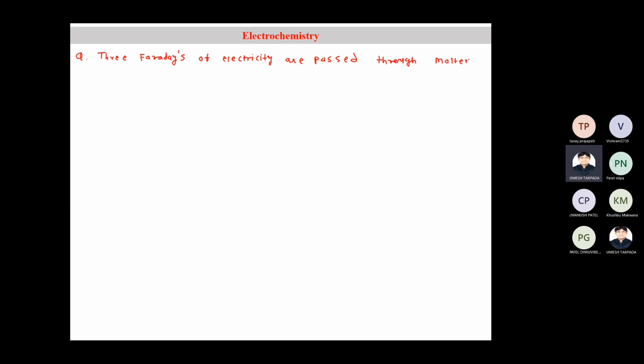molten Al2O3, an aqueous solution of copper sulfate, and molten NaCl, taken in different electrolytic cells.